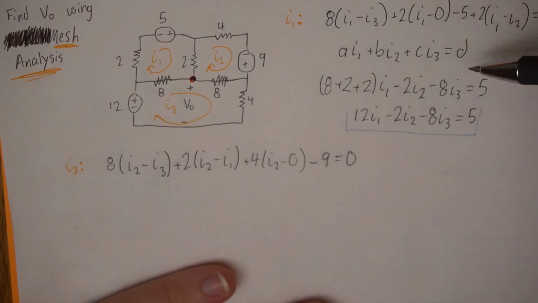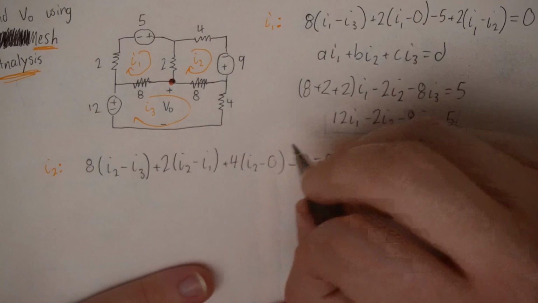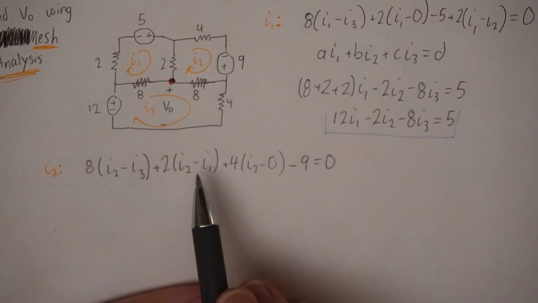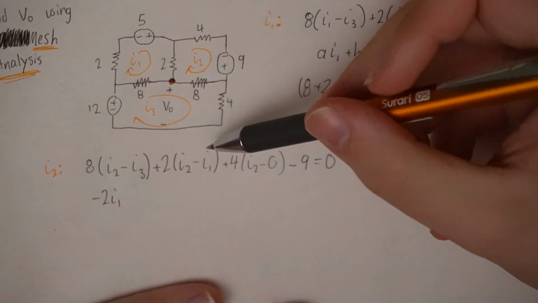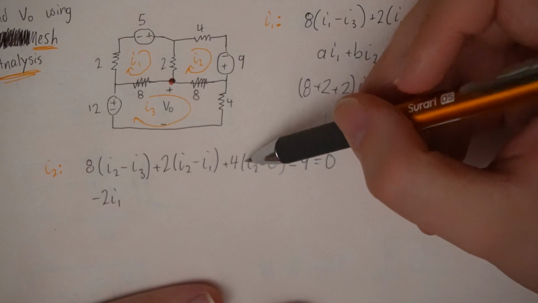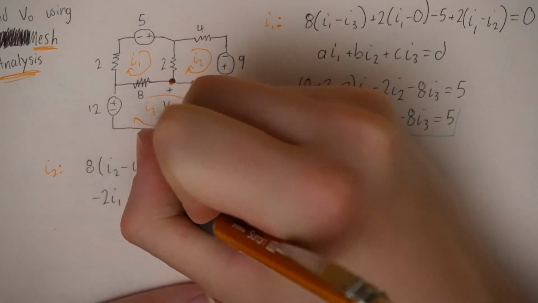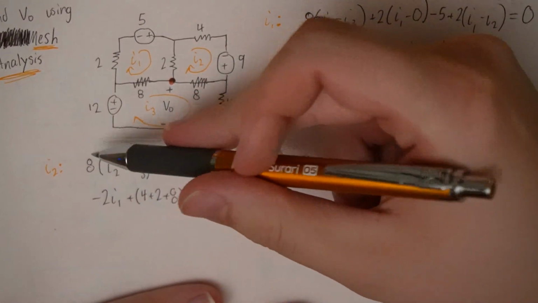Simplifying it, as I've done in the other part of the question, to this form, I'll factor out the coefficients. So if I have I1, it's only here, this is minus 2 I1. Now, I2 has 3 terms, 4, 2, and 8. It's 4 plus 2 plus 8, I2. I3 is minus 8.